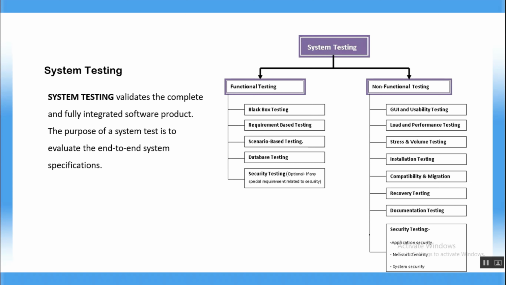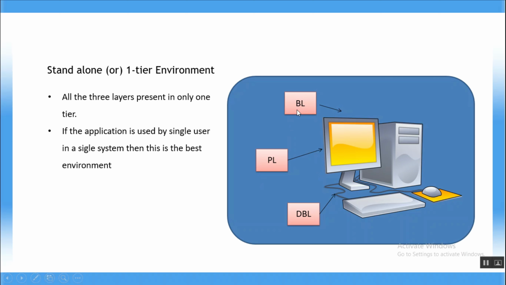If the application needs to be used by a single user on a single machine or a single place, then the best environment suggested is standalone environment. Here in the image you can see BL, the business layer, PL, the presentation layer, and DBL, the database layer, everything in the single environment.